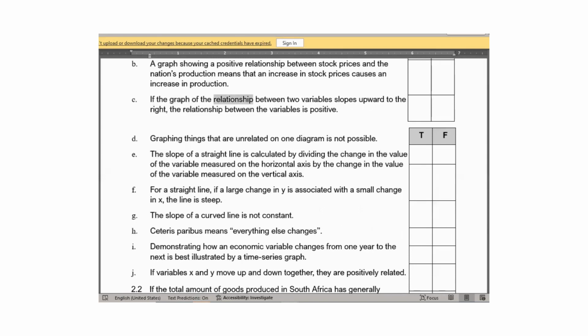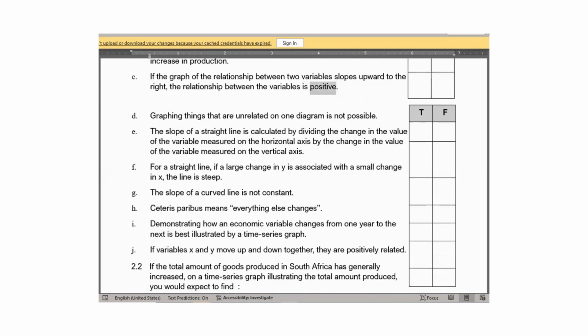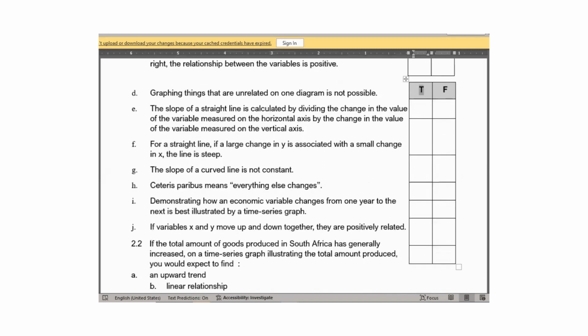If the graph of the relationship between two variables slopes upward to the right, the relationship between the variables is positive. Graphing things that are unrelated on one diagram is not possible.